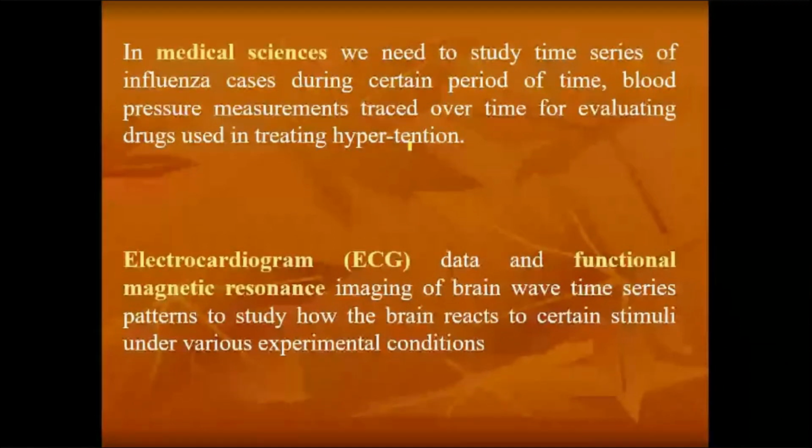For example, ECG data and functional magnetic resonance imaging, fMRI, of brain wave time series patterns to study how the brain reacts to a certain stimulus under various experimental conditions. If we have data for a particular time, 5 seconds, 10 seconds, 7 seconds, then we can analyze how the brain reacts in this certain time period. So this is also an example of a real world application of time series.